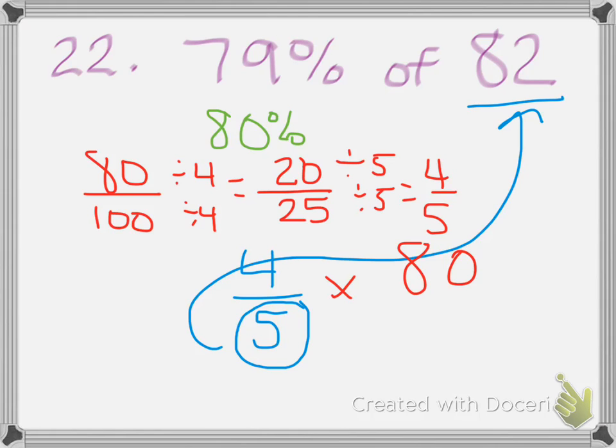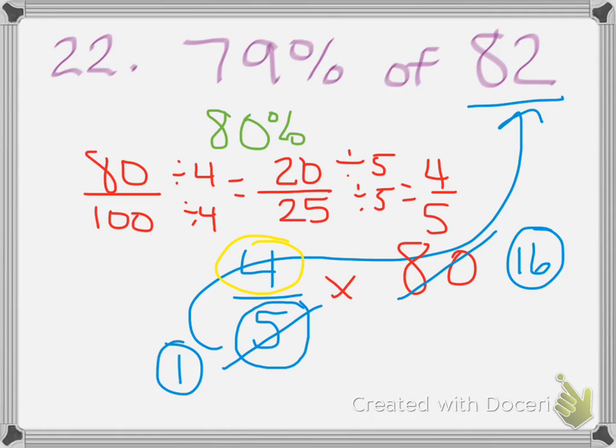So now I'm going to cross simplify as you were taught. So we're going to cross out this 5 and this 80. We're going to divide them both by 5, so now we get 1. And over here, 5 goes in 80 sixteen times, so that's 16. And then the next step is going to be to multiply, because you still have some information left over here.